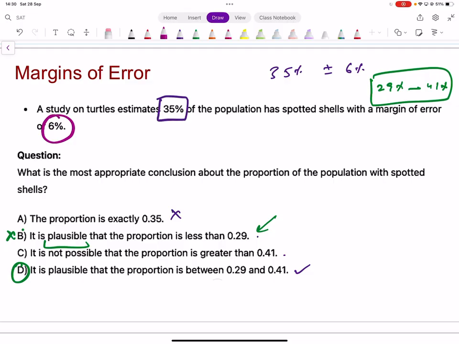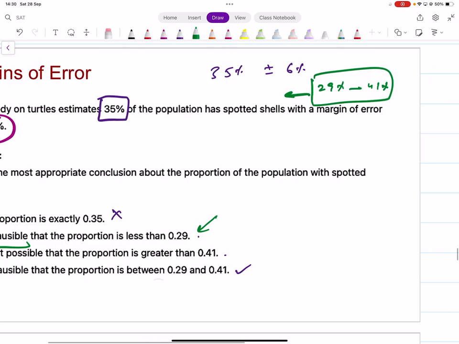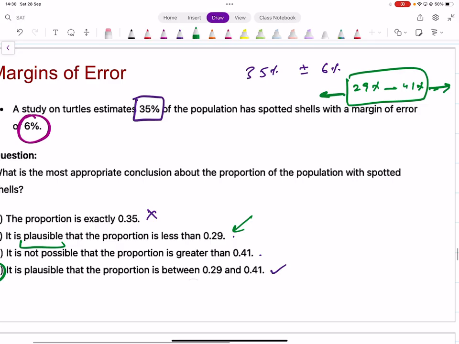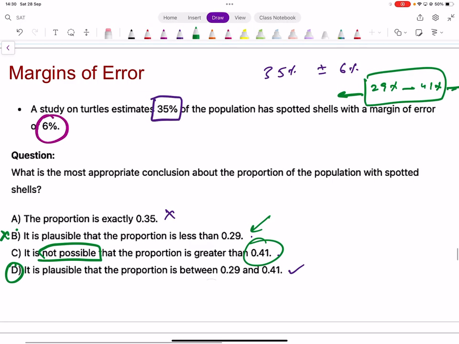But remember, it's just plausible. It is still possible that the actual proportion goes beyond this. So if they are saying it's not possible that the proportion is greater than 0.41, we can't say that's correct.